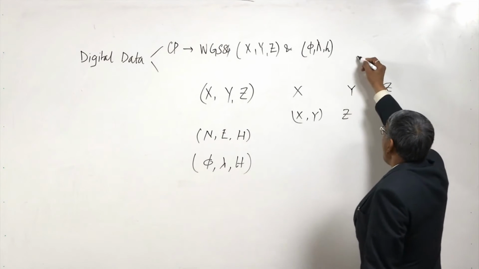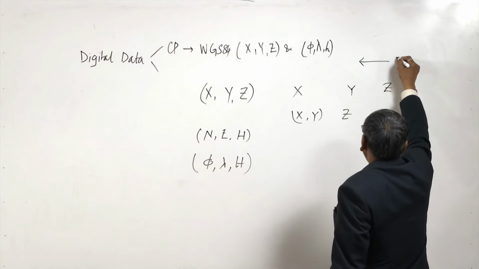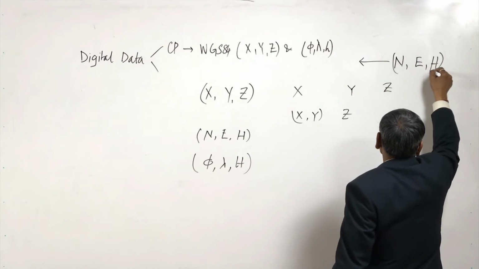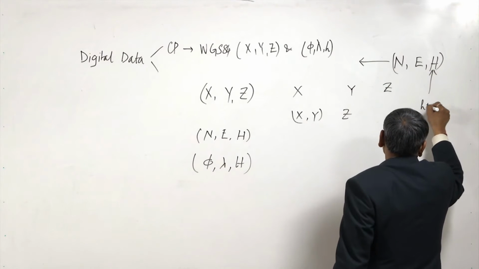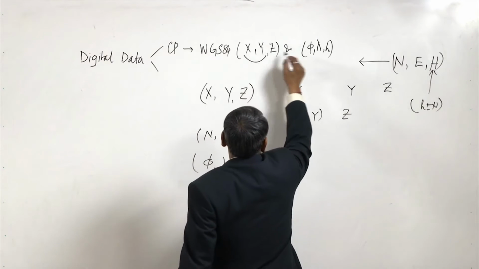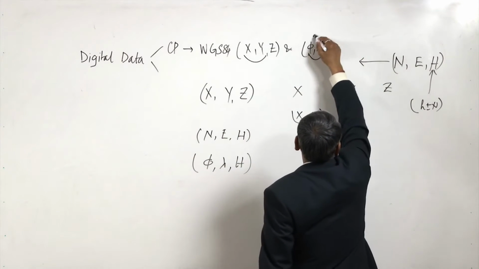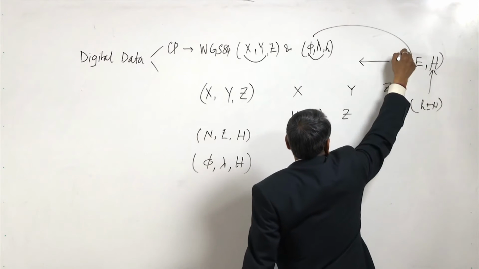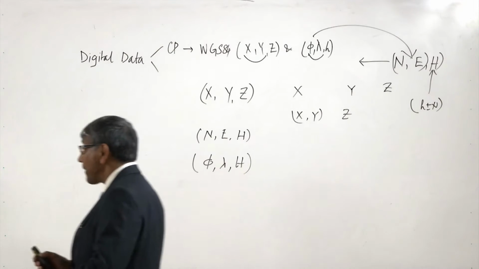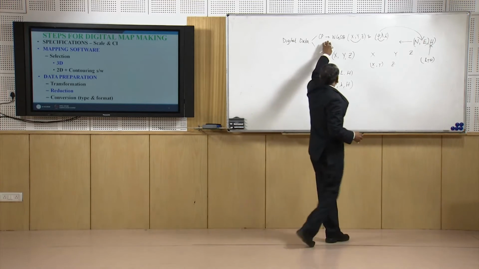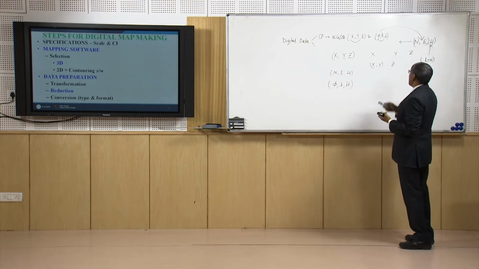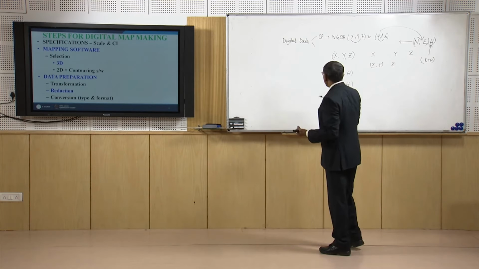Now for our planimetric mapping, generally we go for northing, easting and orthometric height. Orthometric height is h plus minus N, and the XYZ or lambda phi h have to be converted to this planimetric form. So the data collected from GPS has to be transformed to the corresponding NEH.